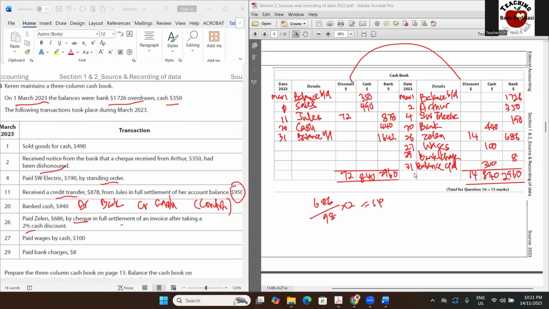So the balances c/d, b/d are here. April 1st, balance b/d, in the bank column, 1642. Whereas this cash 300 is put here. April 1st, balance b/d 300. So this is how we prepare the cash book.